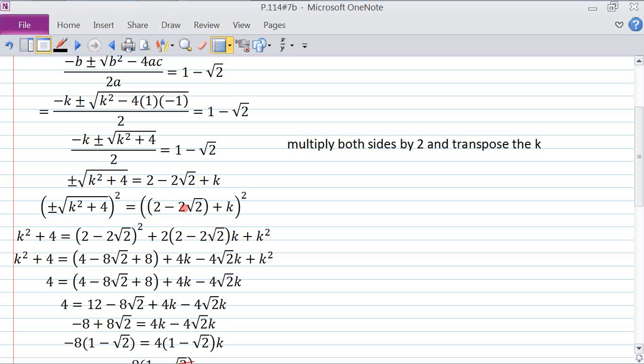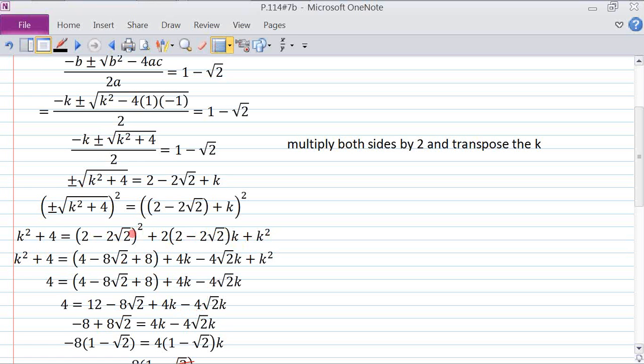In other words, 2 times this term times the k. So this is the inner and outer in FOIL. This is the first squared, the last, which is the last times the last, which gives us k squared. So this is the first, this is the inner and outer, and this is the last.